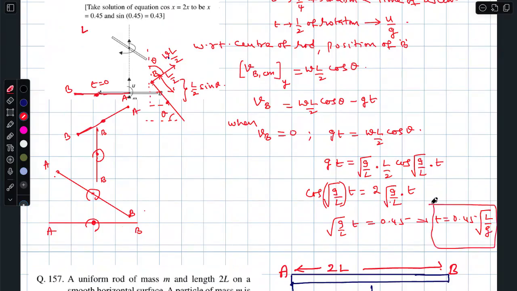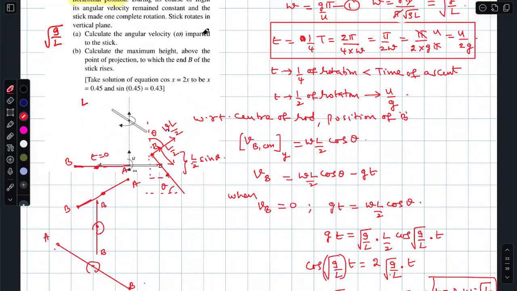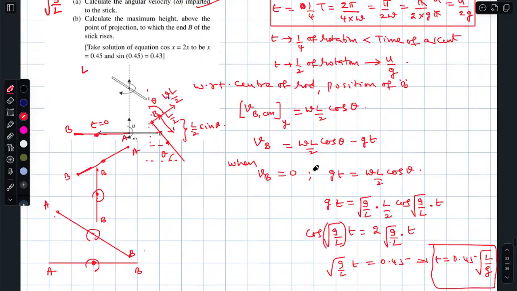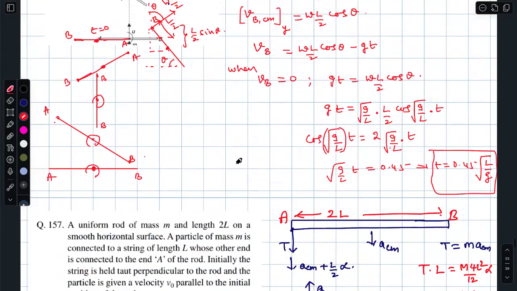Done. What do you want? Calculate the maximum height above the point of projection to which the end B of the rod rises. Substitute that time and you get the answer. What is your requirement? Your requirement is HB, which is H minus half gt square.